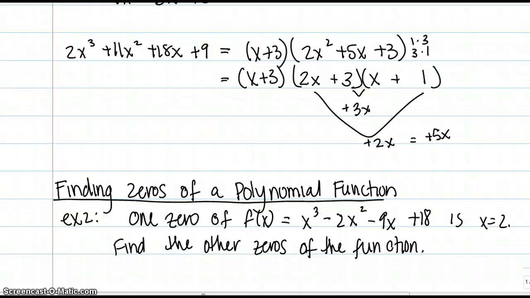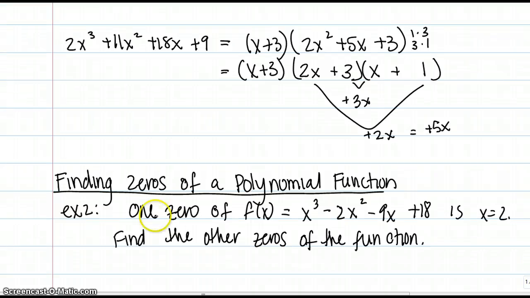So what they did here is they gave you the function and they told you that one of the zeros is x equals 2. So they're giving you one zero and you have to find the rest. And how we're going to do that is by factoring. So if we know that one zero is x equals 2, then I know that f of 2 equals 0.